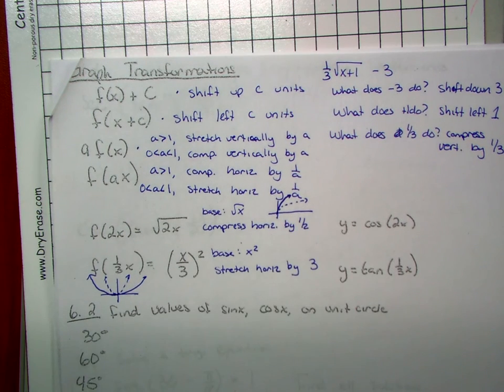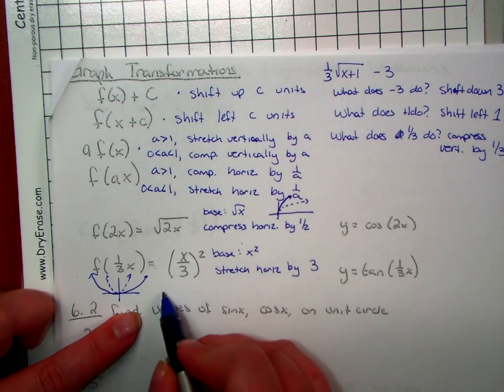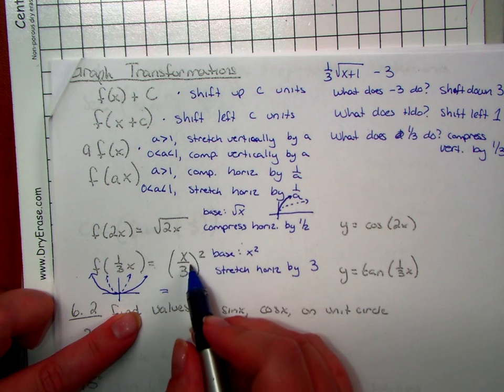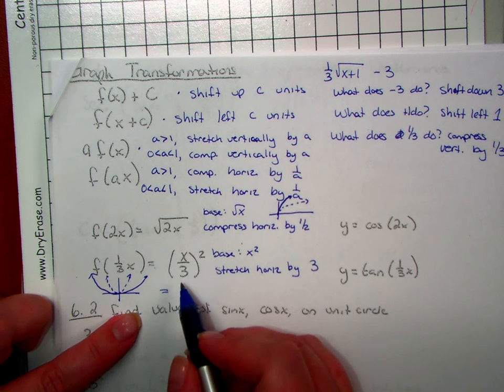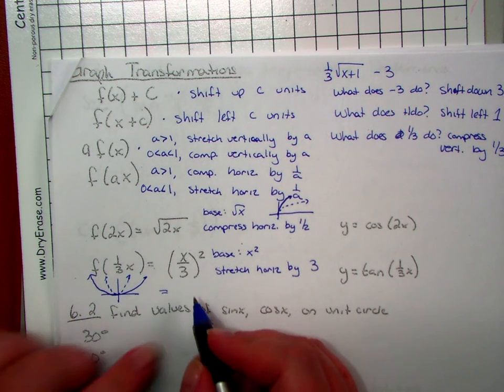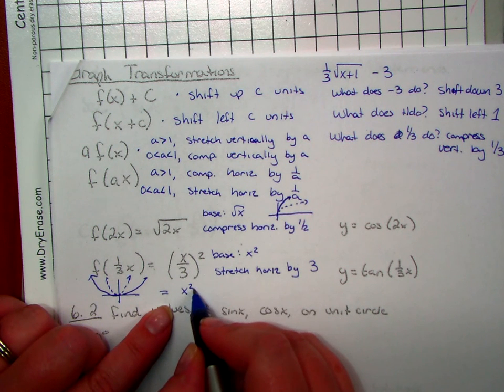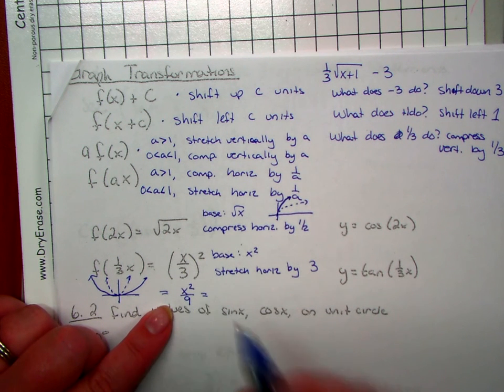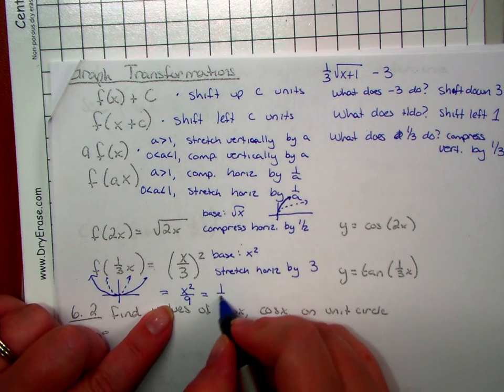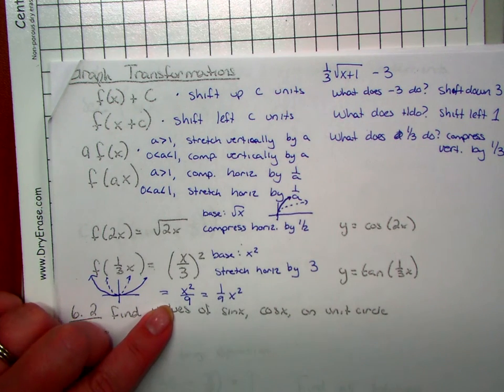Okay? All right. What's kind of interesting here is if I were actually going to square x over 3, I would get x squared over 9. And so by doing that, I'm dropping those parentheses. So I'm getting 1/9 times x squared.